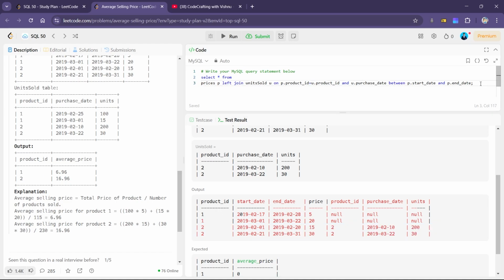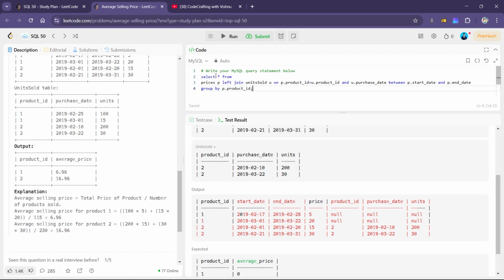For that we have to group these. So group by what? Product ID, and product ID of the first table, because the second table may not have the product ID. So after joining, we'll get these two entries merged together.